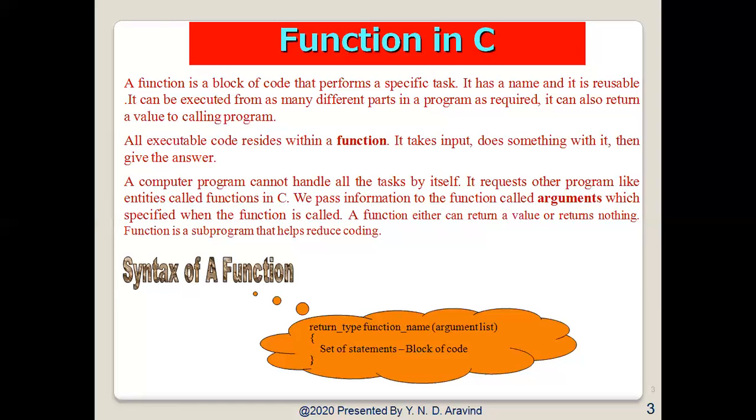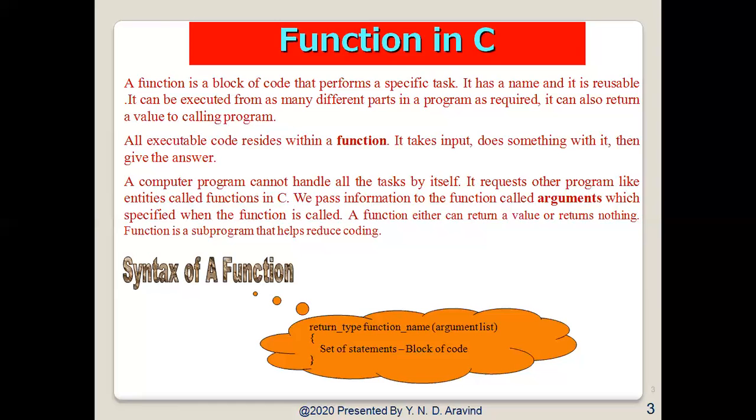A program can be used for solving simple problems or large complex problems. We can easily solve programs which are very simple, whereas if they are complex problems, then it is difficult to understand the steps involved.